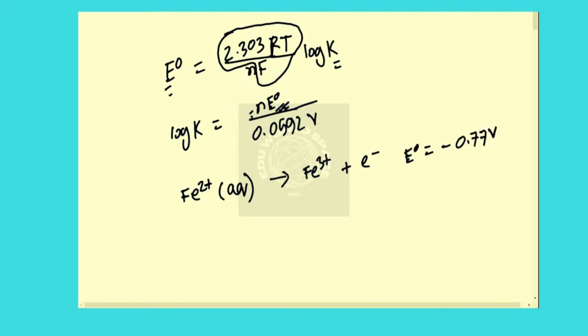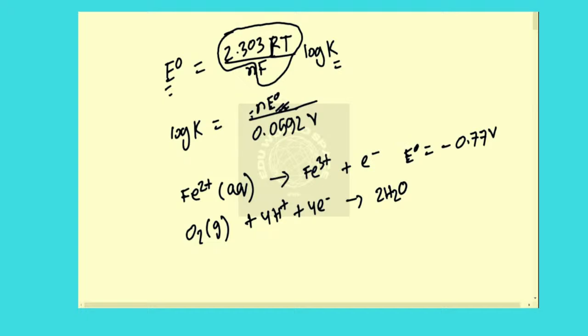And then for the cathode half reaction, we have oxygen reacting with 4 hydrogen ions. It will require 4 electrons to give us 2 water molecules.